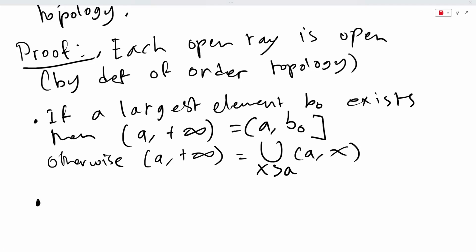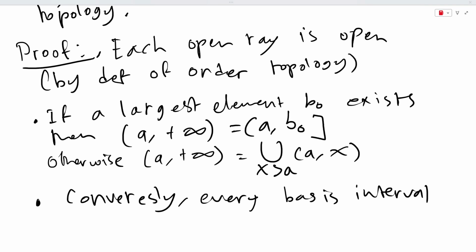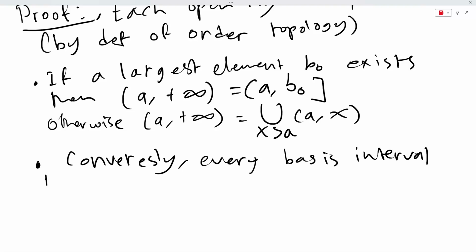Okay. So conversely, every basis interval is a finite intersection of open rays.